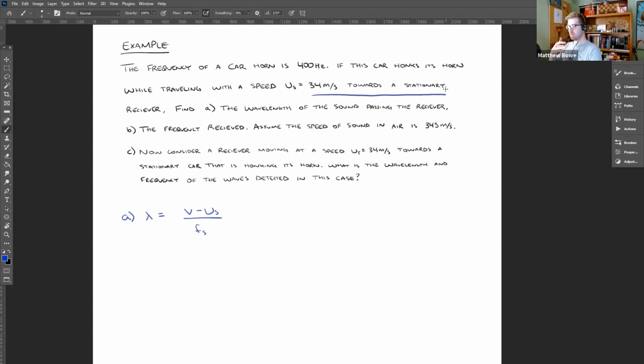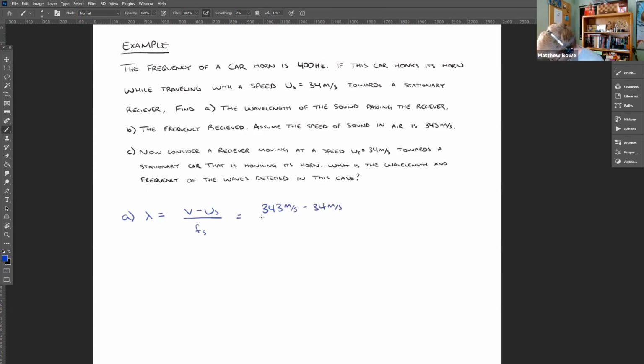So the wavelengths I'm expecting should get smaller as it approaches. So that's why I am picking a minus sign right here, sort of justifying that.